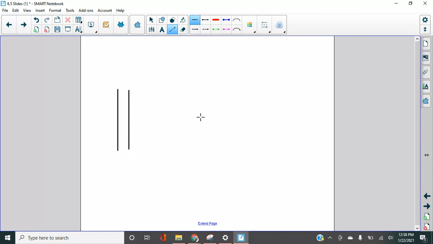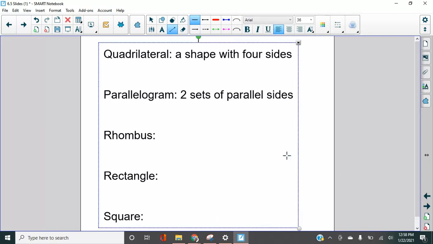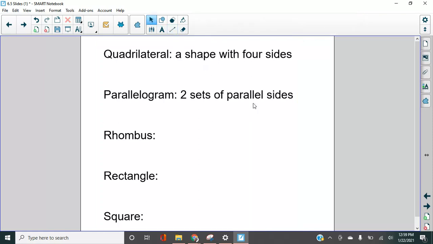See, those are parallel. And these are parallel. Okay? We can have parallel go this way as well. See how these never are going to cross, even if they keep going forever and ever. So a parallelogram has the top and the bottom are parallel, and the 2 sides are also parallel.